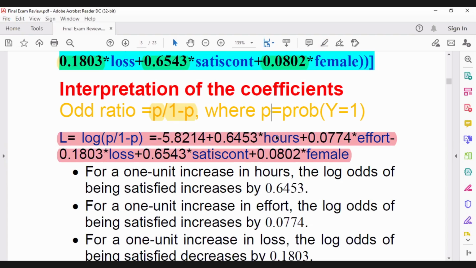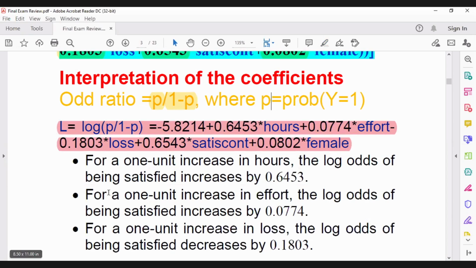So when hours increases by 1 unit, the log of odds, where the odds is P over 1 minus P, changes. The effect will be on the log of odds. A 1 unit increase in hours yields an increase of 0.6453 in the log of the odds ratio.